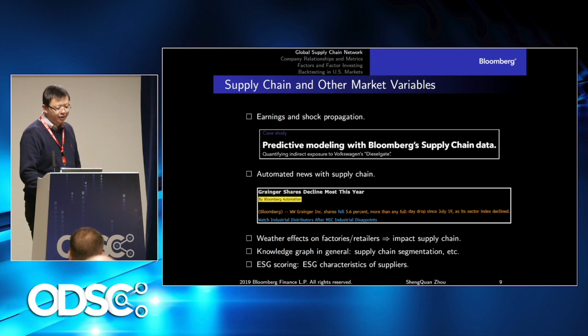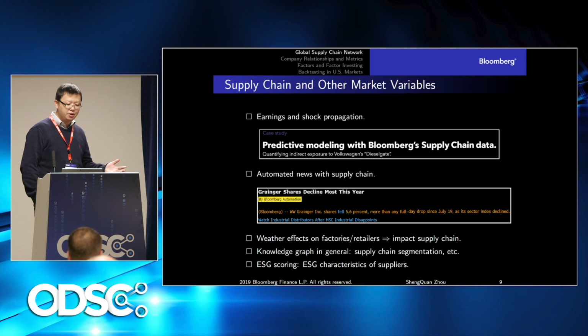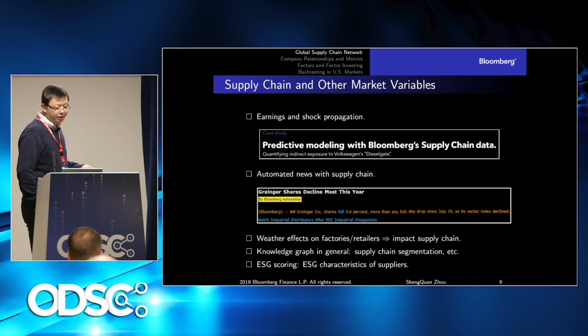Before we delve into the focus of this talk, there are various connections between the supply chain and other market variables. There are some fundamental studies focusing on how the supply chain impacts earnings and shock propagation. For example, the Volkswagen emission case many years ago, how did it impact its supply chain?